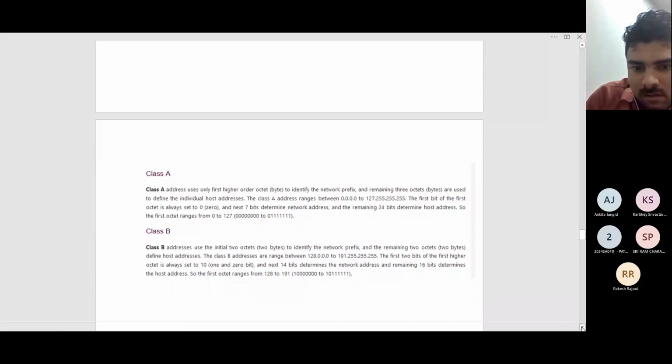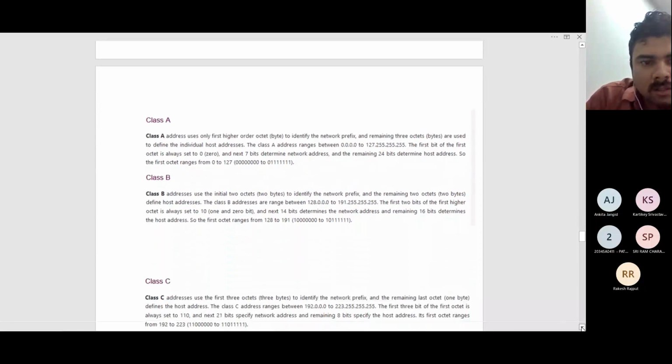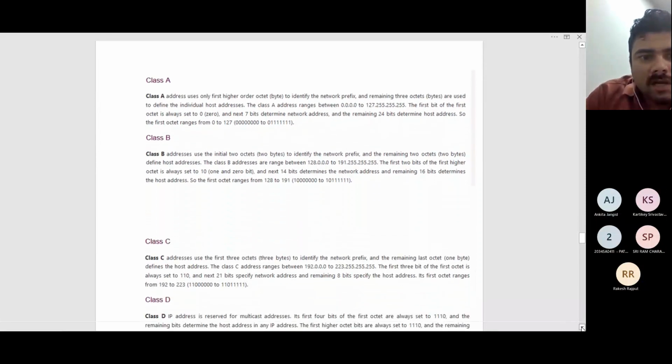See, first is Class A. Class A addresses use only the first higher-order octet, or byte, to identify the network prefix, and the remaining 3 octets, or bytes, are used to define the individual host address. The Class A address range is between 0.0.0.0 and 127.255.255.255.